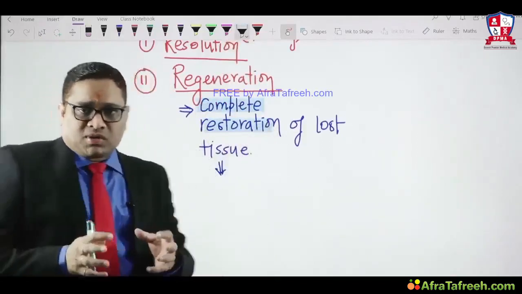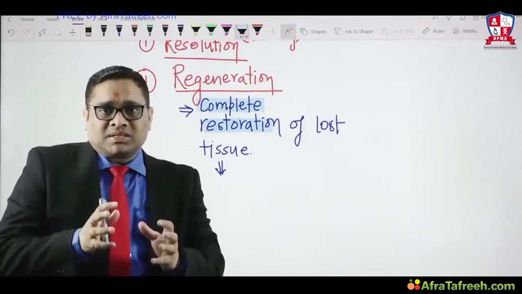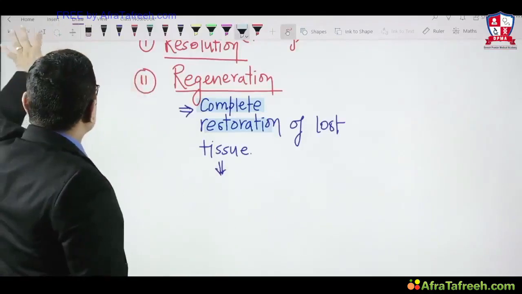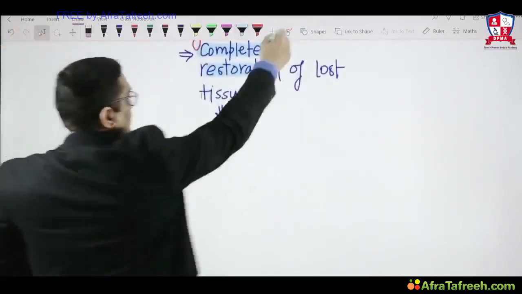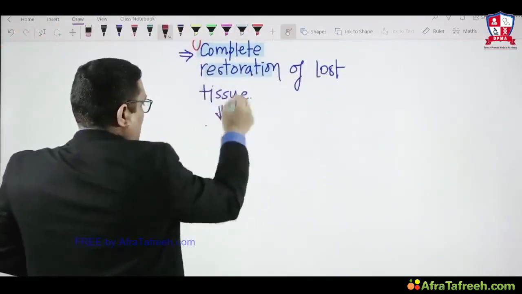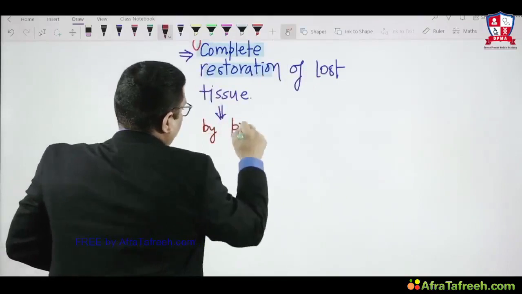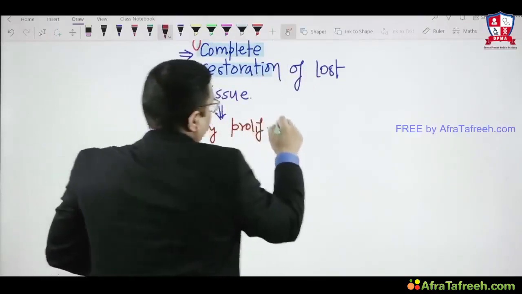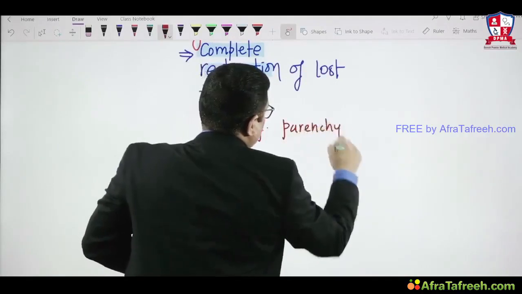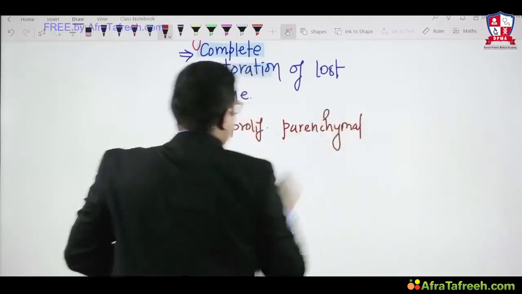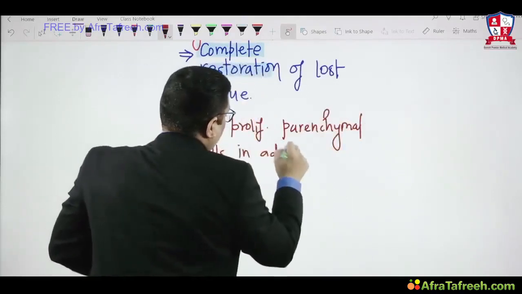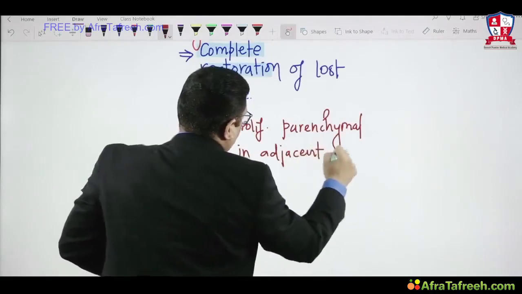By proliferation of the parenchymal cells in adjacent areas, right? So this will be complete restoration of the lost tissue by proliferating parenchymal cells in the surrounding or adjacent areas.